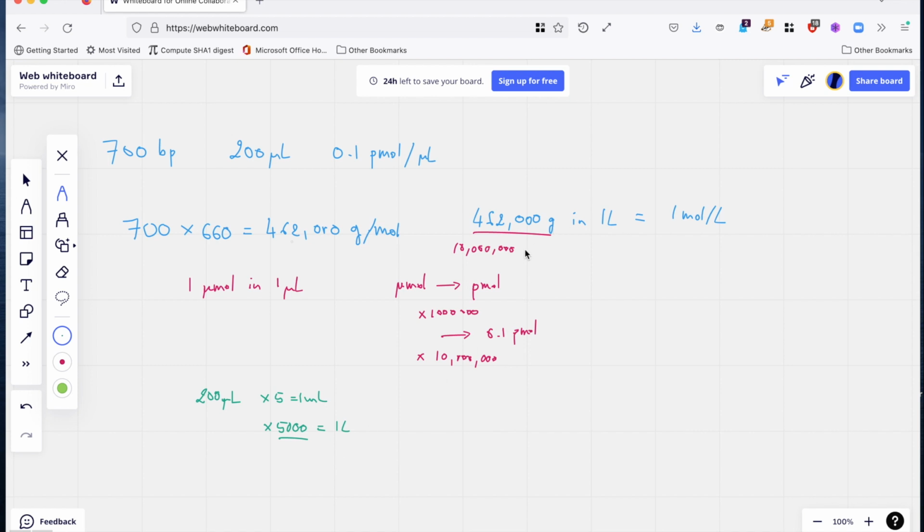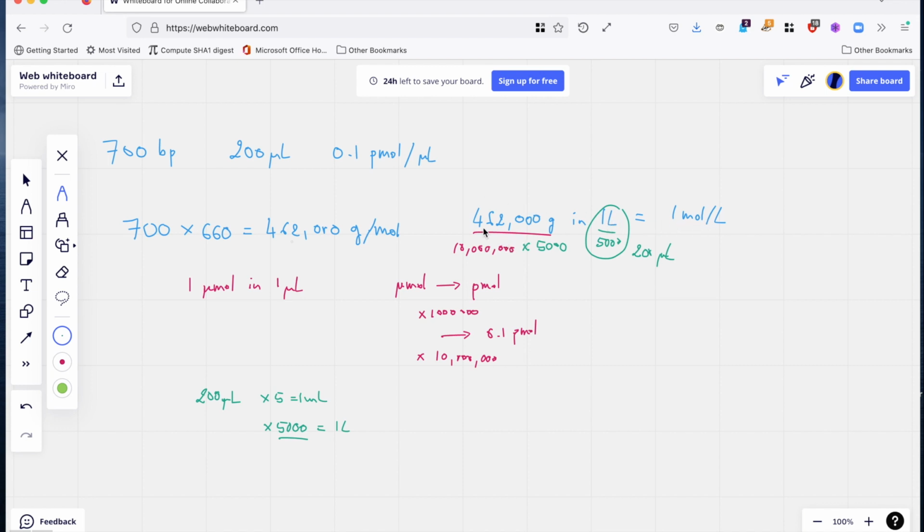So in the end, what we need to do is that we need to divide 10 million times to get to the right concentration here. And we also need to divide 5,000 times, okay, to get here the right volume, which is 200 microliters. So in the end, the way we solve this problem is that we take the mass that we need to put into 1 liter to obtain 1 mole per liter.